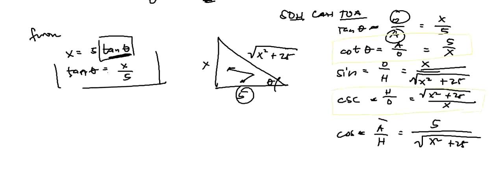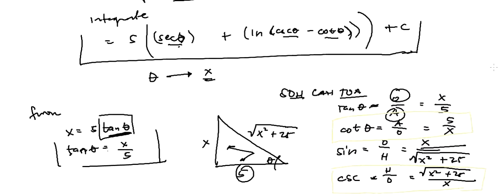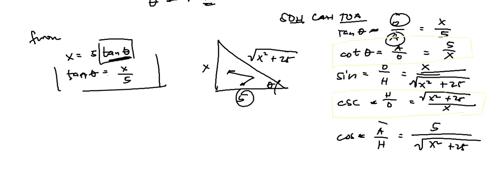Then finally, for our secant, which is equal to 1 over cosine, we need to flip this: h all over a, which is equal to square root of x squared plus 25 all over 5.